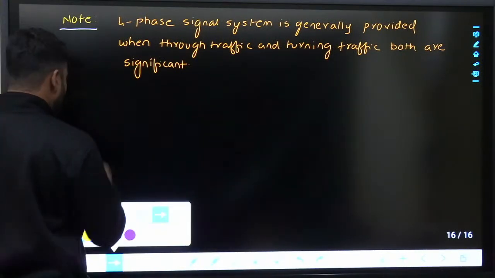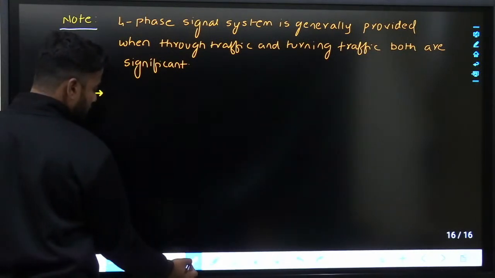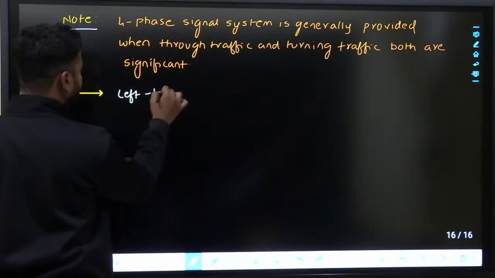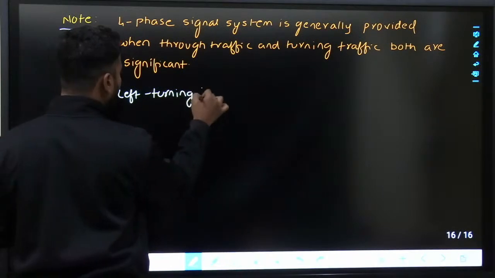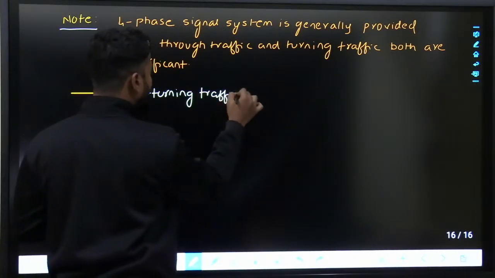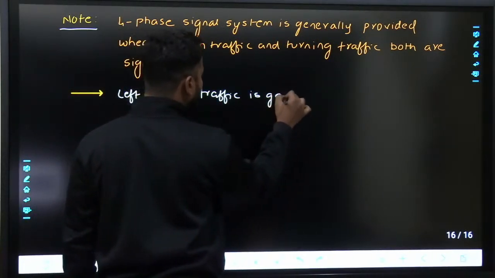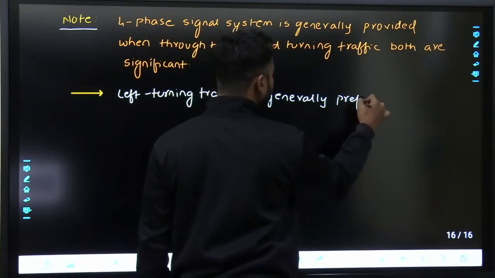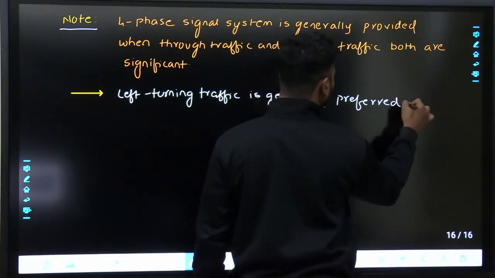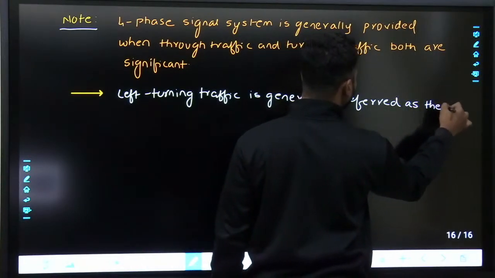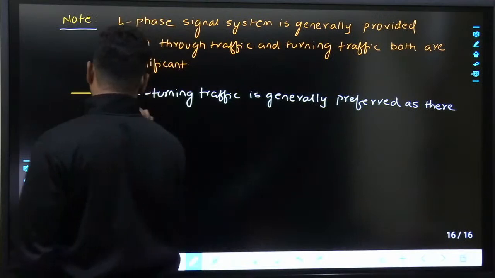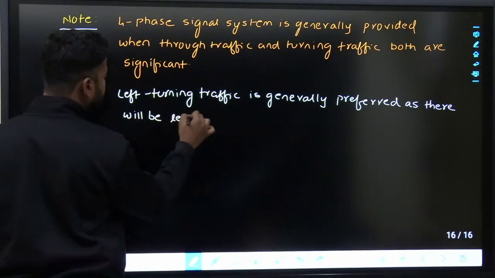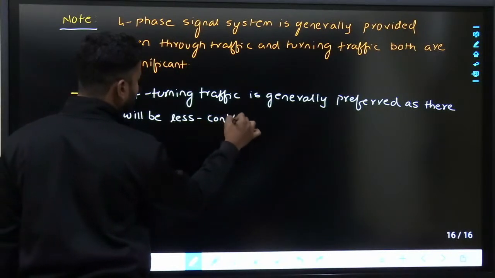So next point is left turning traffic. Left turning traffic is generally preferred as there will be less conflicts.